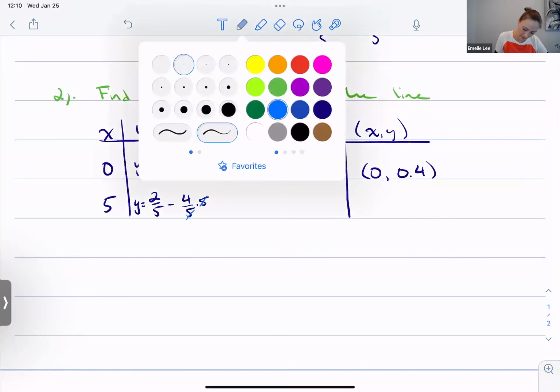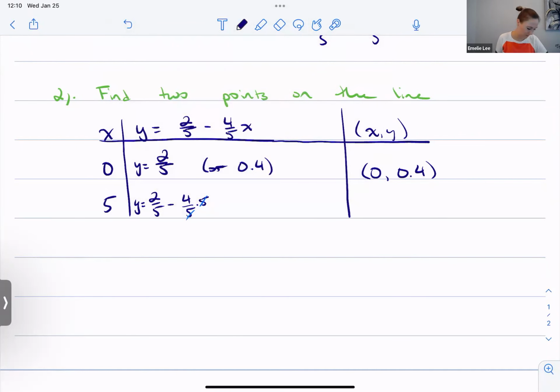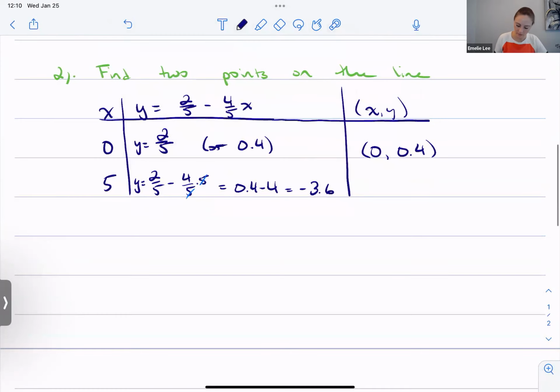But these cancel out. That's what makes it a convenient value of x, which is really just 0.4 minus 4, which is negative 3.6. Okay. So when x is 5, y is negative 3.6.